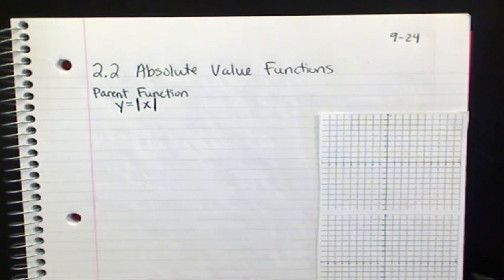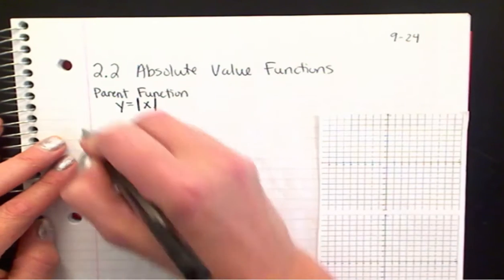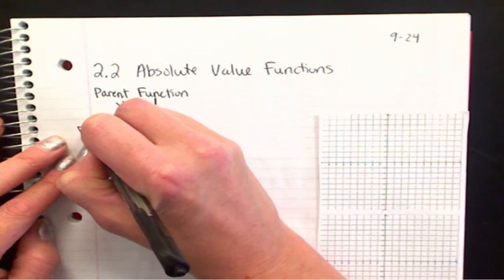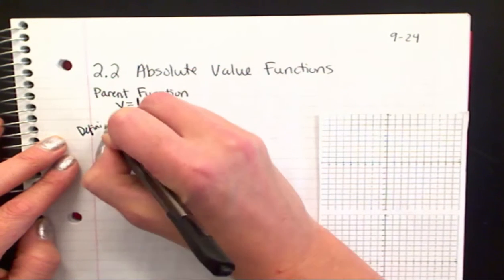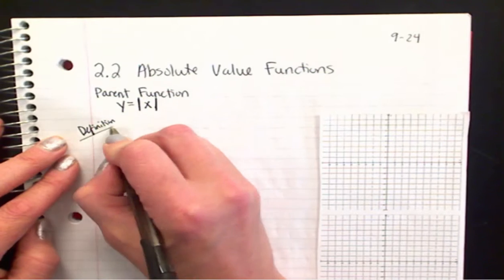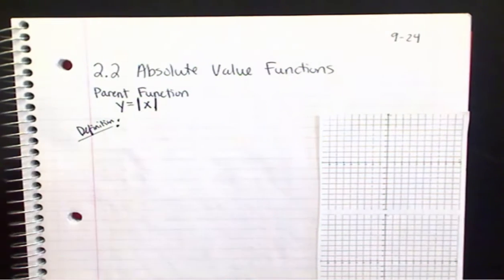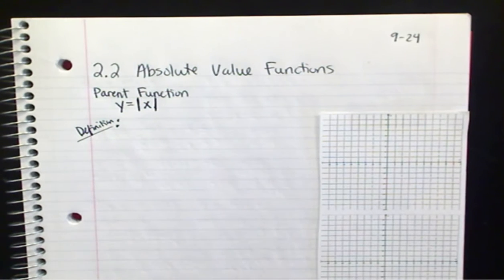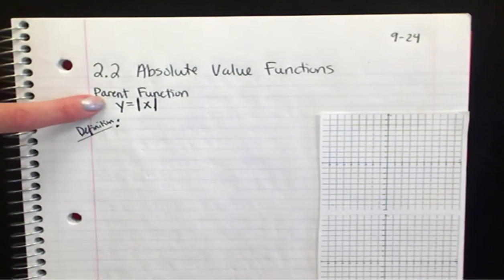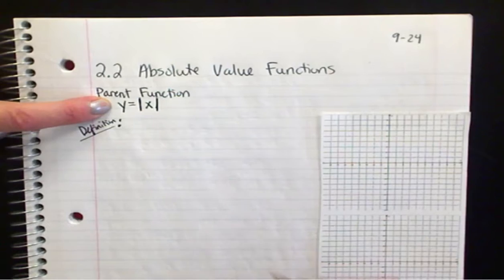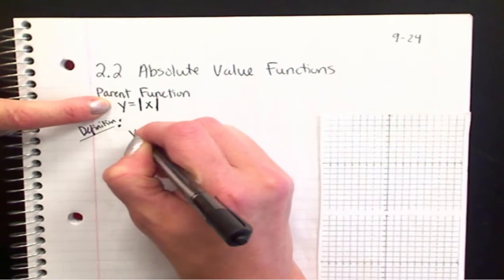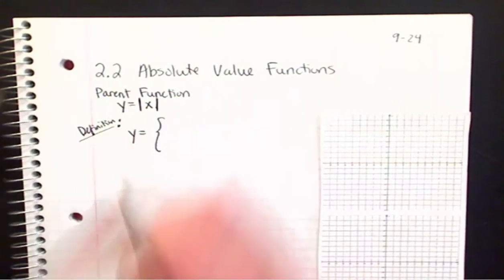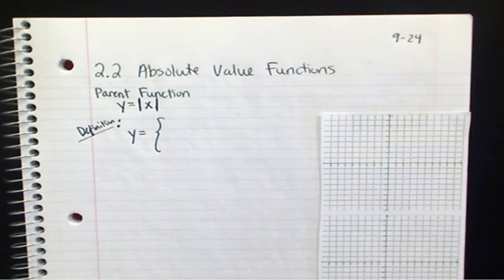Okay? The definition is a piecewise equation, right? That's why we do piecewise first. The definition of y equals absolute value of x is this. Sometimes it's written as 3 parts and sometimes as 2 parts.